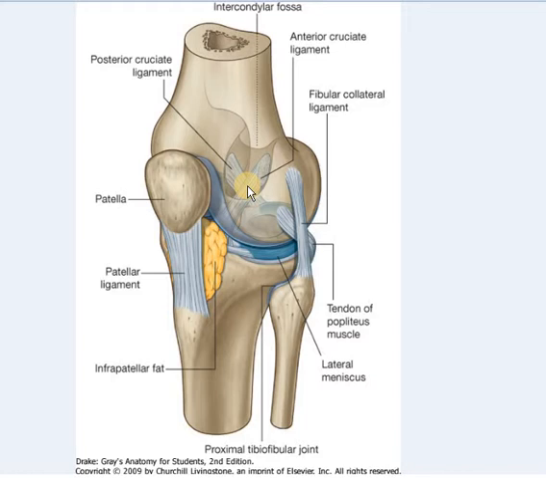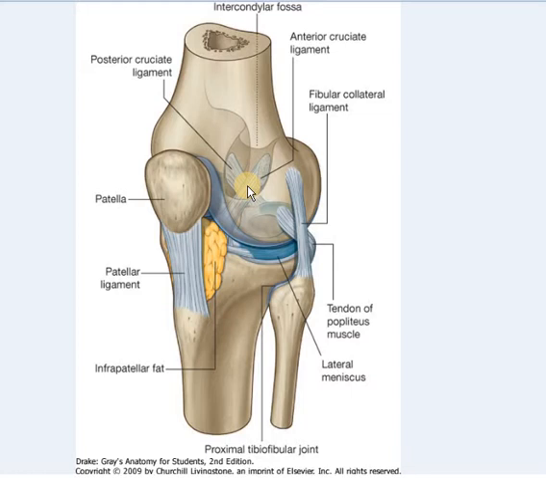That synovial membrane secretes the synovial fluid, which reduces the friction between the two articulating bones. Each synovial joint has a joint cavity, surrounded by the fibrous capsule.